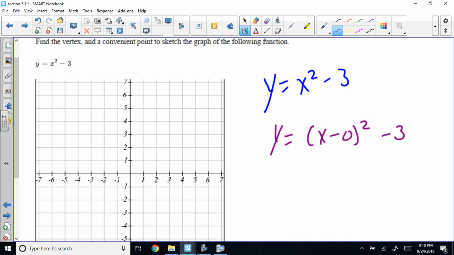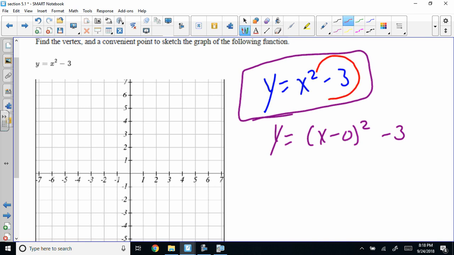It changes nothing. 0, 0, right? And it's only like this when the h value is 0. You know what this number right here is? Anybody know?